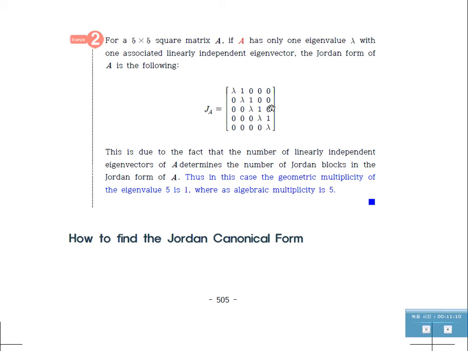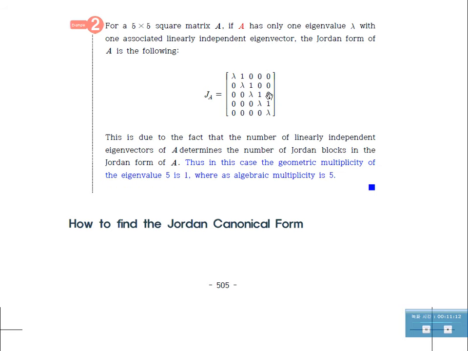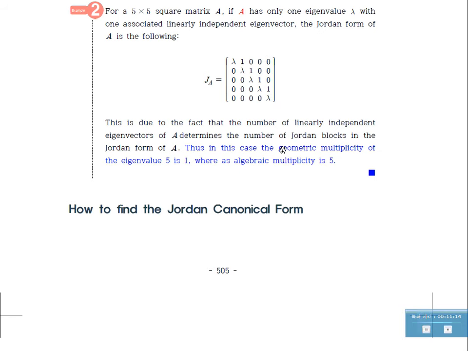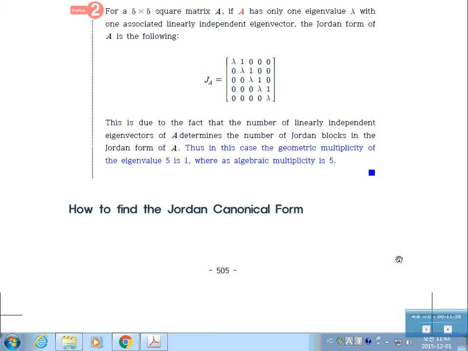In this case, the geometric multiplicity of the eigenvalue lambda is 1 and the algebraic multiplicity of lambda is 5.